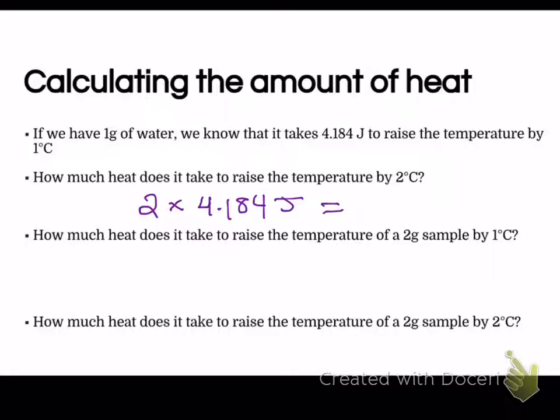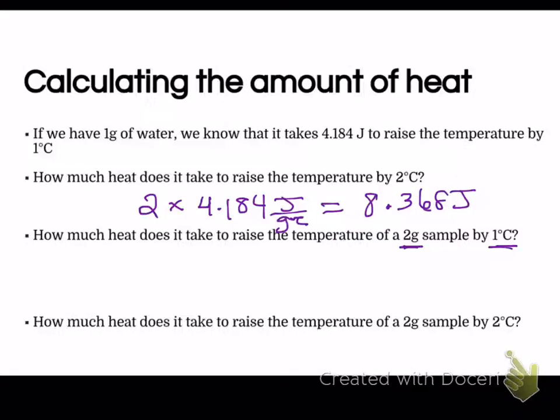So in total, this would get me 8.368 joules.